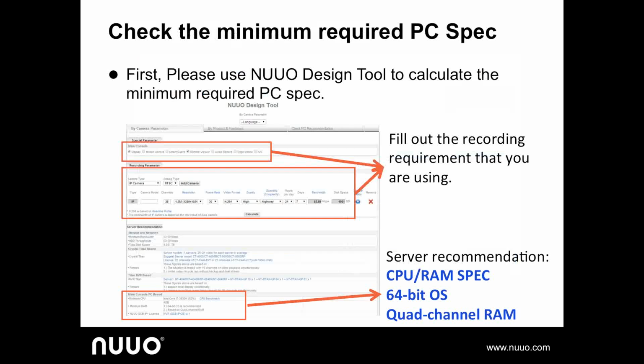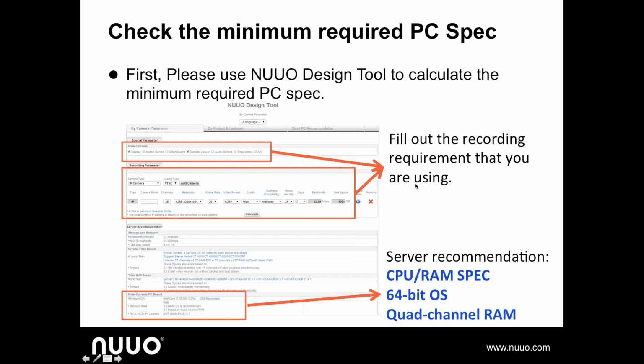First, we will help the customer use our NUUO design tool to check what kind of PC specs his recording requirements need. For example, the customer is using 25 cameras at 1.3 megapixels and 30 frame rate. So first, use our NUUO design tool to calculate the minimum required PC spec for the customer.